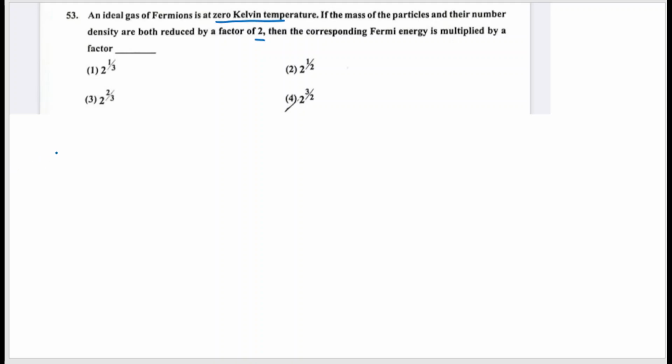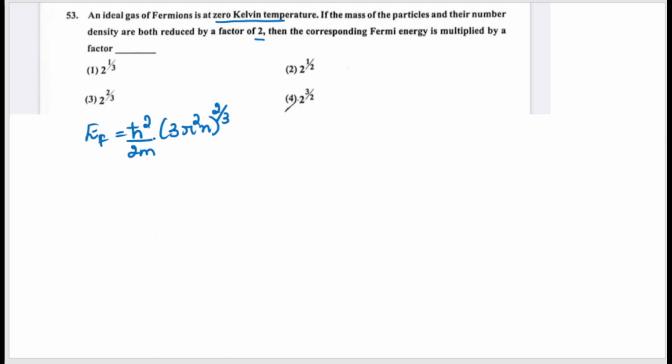Now the Fermi energy is given by the formula EF equal to h cut square divided by 2m into (3 pi square n) to the power of 2 by 3.